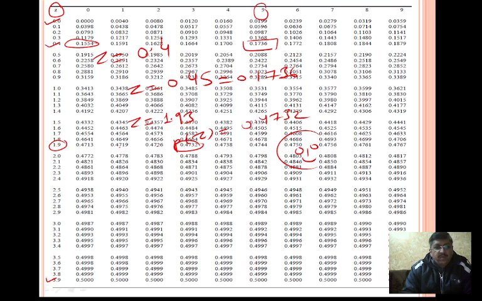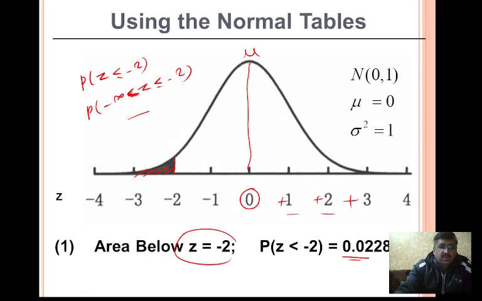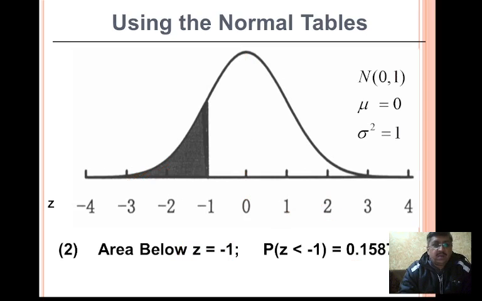And this is the point where my students got confused: sir, it is 0.4772 and you have shown something else, it is 0.0228. How is it possible and why is it possible, right? There are various ways to do it. I'll explain it, but let me take another example for shading the normal curve. And here you can see the area below z equals minus 1.